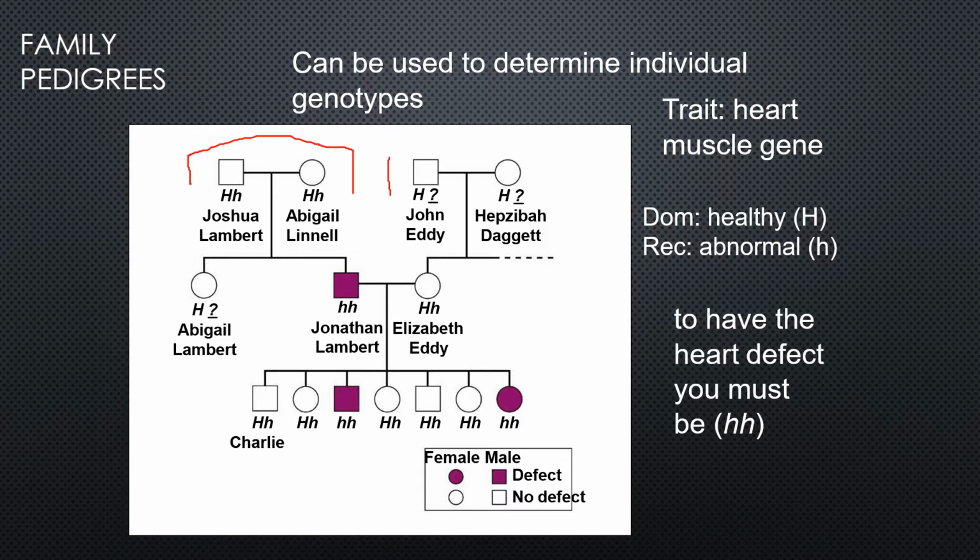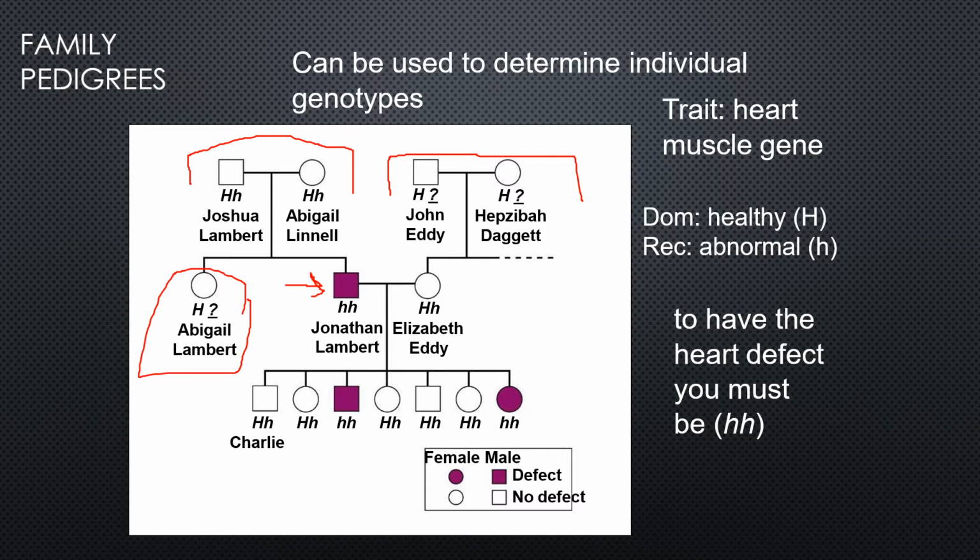For John and Hepzibah, which is a lovely name, we know that they don't display the abnormality, so they have at least one dominant allele, and we don't know about the others. Joshua and Abigail have 2 children, and one of them has the heart defect. So we know that Jonathan has a homozygous recessive genotype. We don't know about the other child. We just know that she does not have the heart defect.